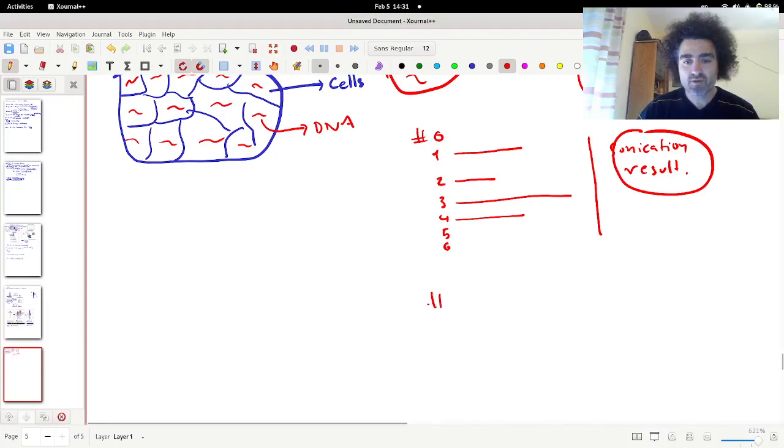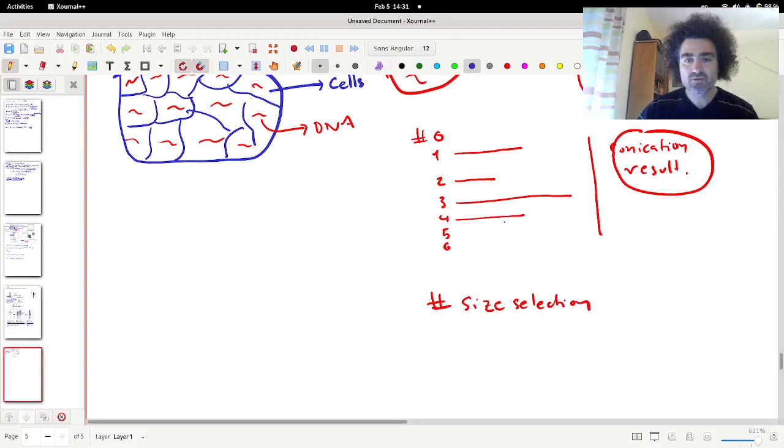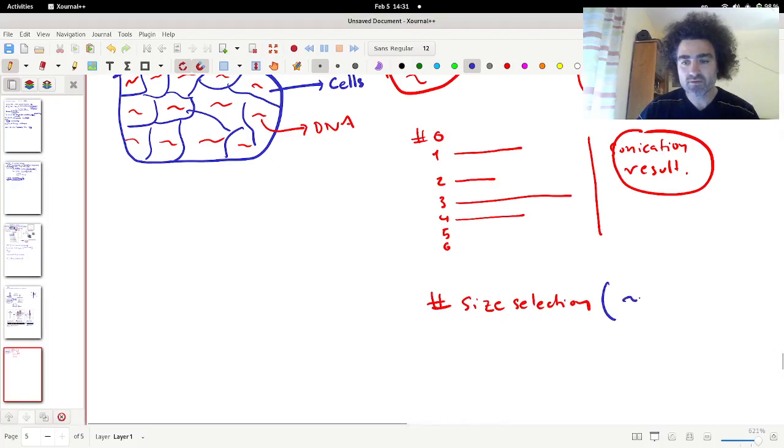Step number 1, we make a size selection. Okay, let's use blue again. In size selection, we don't really want to keep very short pieces and very long pieces. So I don't remember exactly the sizes, but this should be around 300 base pairs.